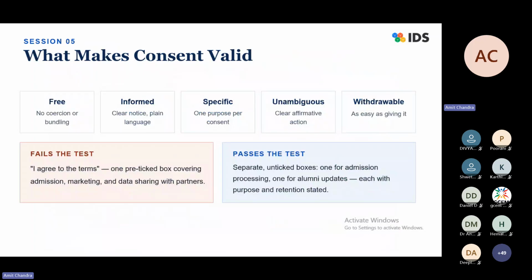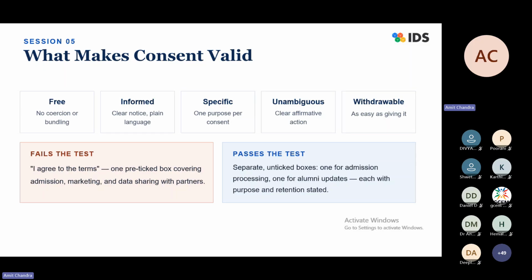What makes consent valid? We can take consent on paper, we can write one statement and take consent. So will that be valid? No, that will not be valid. Consent will be valid when it is free.